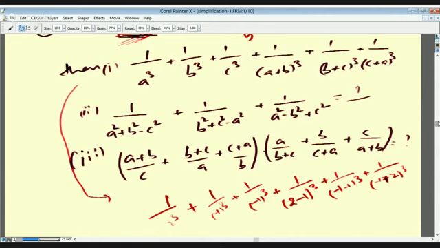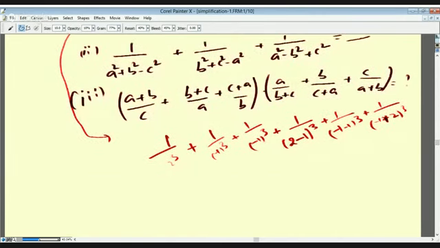What will happen? Here it is given as 1 by 8, and this is nothing but 1 by -1 cube, which is nothing but -1. So it will become -1 plus 1 by 2 minus 1, which will become 1, and then -1 minus 1, -2 cube is nothing but -8.